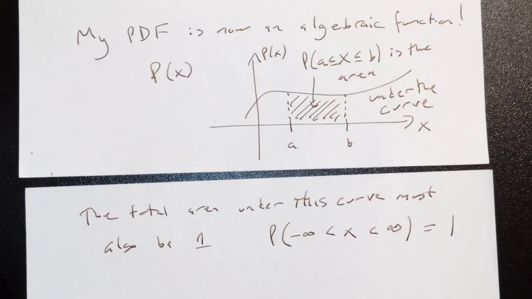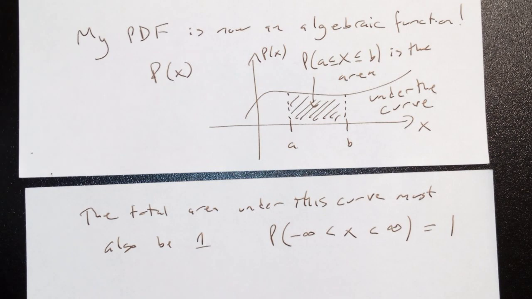But technically, that would be an infinite area, infinitely far to the left and infinitely far to the right. And that means that as our curves go out in that direction, one of two things has to happen. They have to stop and be zero from some point on, or they have to get so small that they effectively contribute no area.